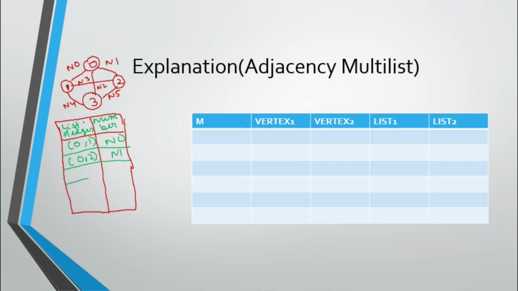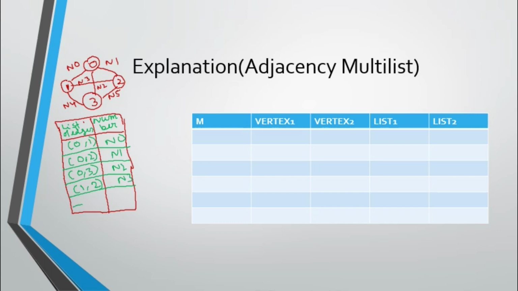Then the next edge is 0 to 3, which I name as n2. Next is 1 to 2, let me name it as n3.